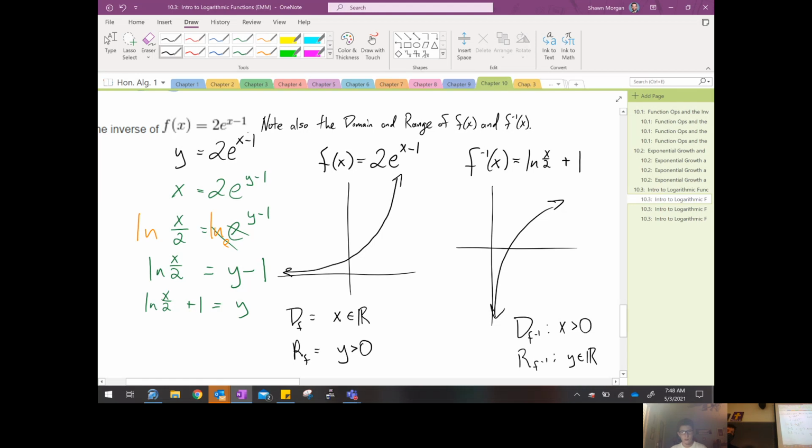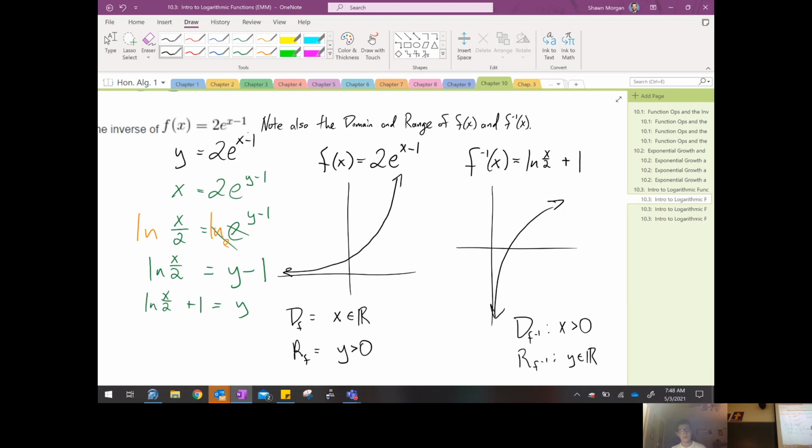Comment number two, consequently from my first comment, is that the domain of my logarithm function is restricted. I am not allowed to take the log of a non-positive number. I can't take the log of 0.